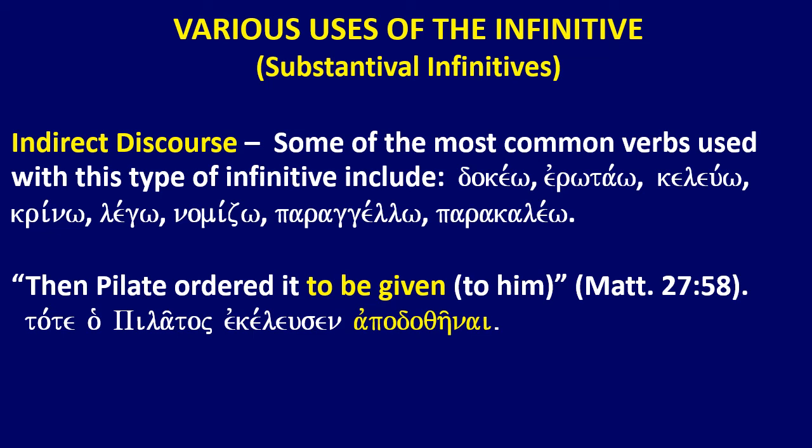And here you have the verb keleuo, where it's ordered, and then you have the aorist passive infinitive form of apodidomi, apodothenai, apodothenai. The infinitive of indirect discourse is often just translated as a simple infinitive, to and then something. And by the way, in this phrase, the words to him are supplied in the context.